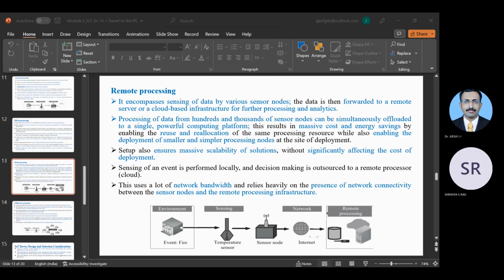What is that? Collaborative processing. What do you mean by collaborative processing? Together, isn't it? You are working together. You are collaboratively making sure that the processing and the cost are handled.